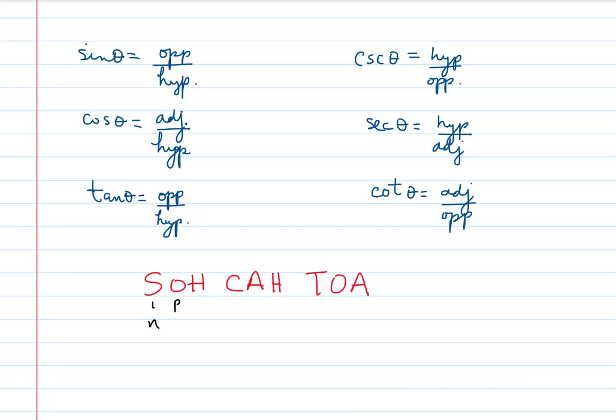Sine is opposite over hypotenuse, cosine is adjacent over hypotenuse, and tangent is opposite over adjacent. This acronym is just good for the first three, but if you remember these first three, you can deduce the other three just by taking the reciprocal. Just remember which one goes with which, because at first it's easy to get mixed up.